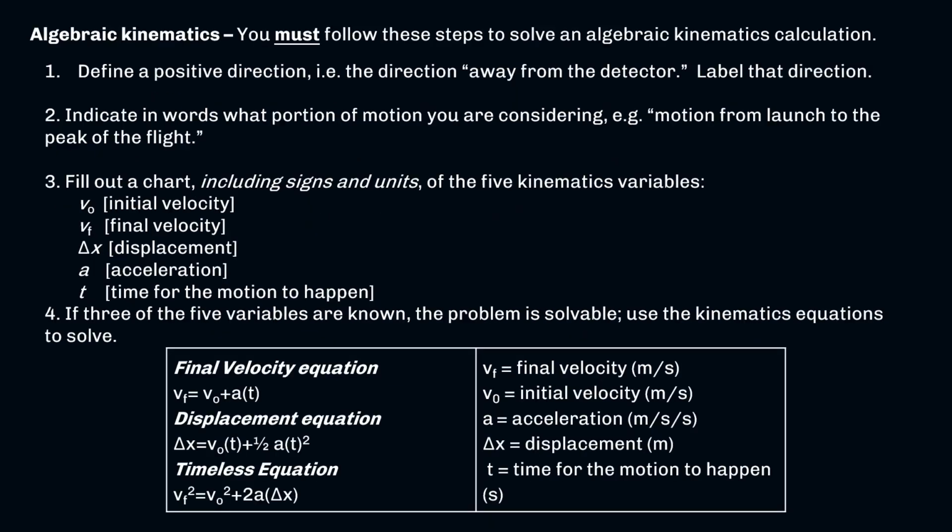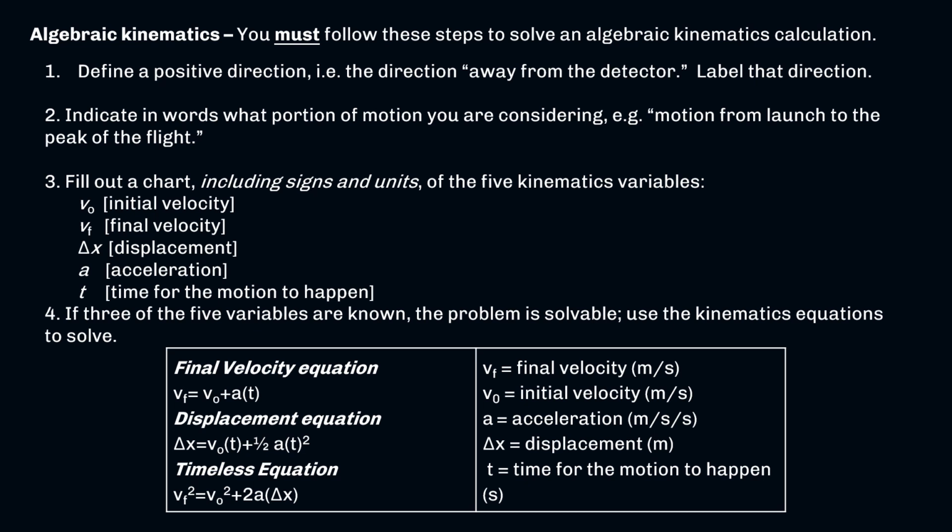All right, so these are algebraic kinematics steps. There's 4 steps here, including then which equation you're going to end up picking at the end of the day. The most important thing here, besides your equation obviously, is defining a positive direction. So this really becomes important when you have up and down values in here, and we're going to have a thrown upwards example in this video.